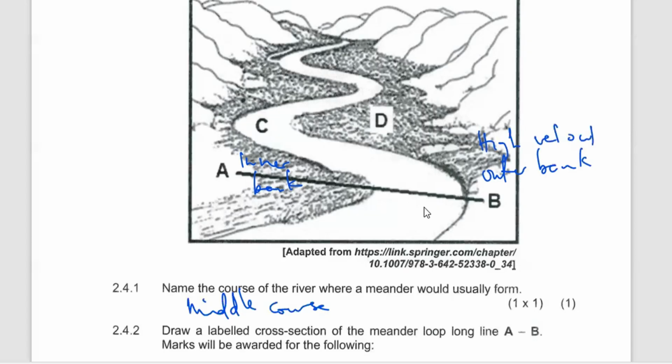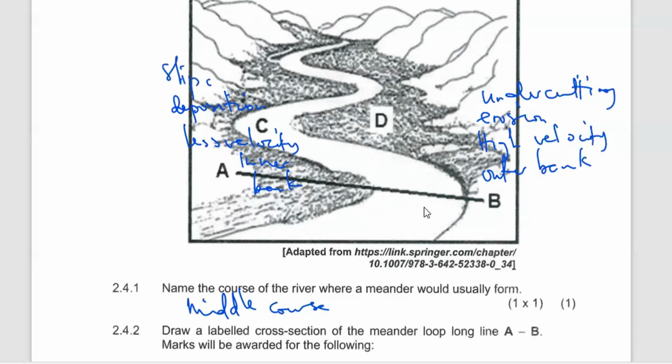And as there is high velocity here, there is erosion taking place. And as there is erosion, we have undercutting taking place on the outer bend. And here on the inner bend, there is less velocity. Because of less velocity, we tend to have deposition happening. And because of deposition, that is where we have the development of what we call the slip-off slope.